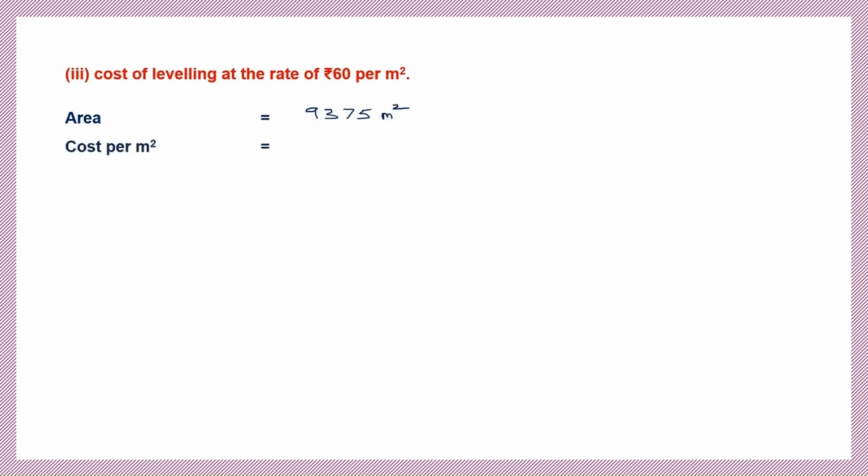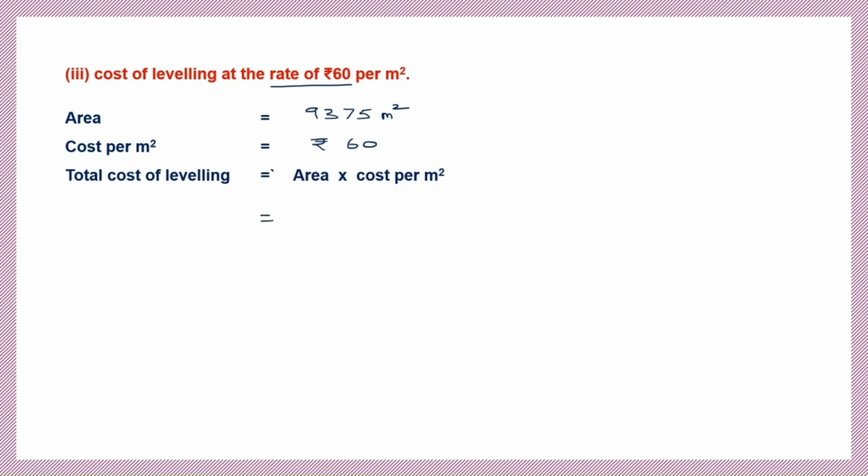Then the cost per meter square, that is the rate, is 60 rupees. So per meter square, the cost is 60 rupees. That means if we have to find for this whole thing, we have to multiply these two. This is only for 1 meter square, per meter square, but our area is so much. So now to find the total cost of leveling, we say area into cost per meter square.